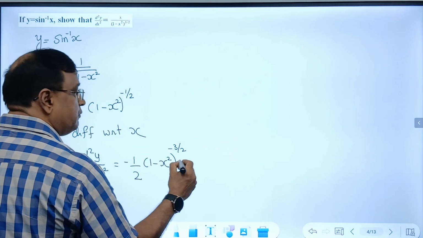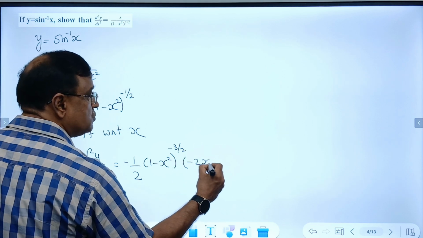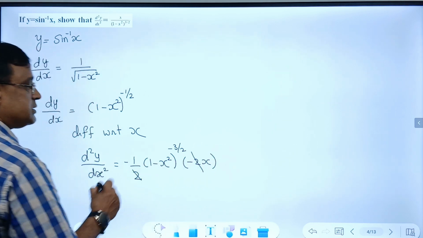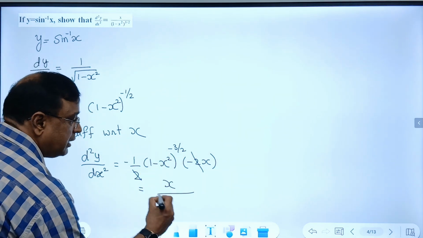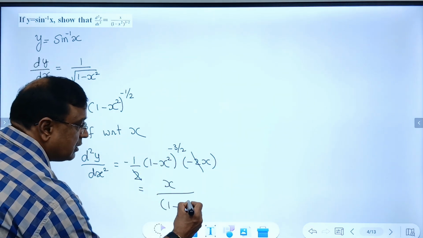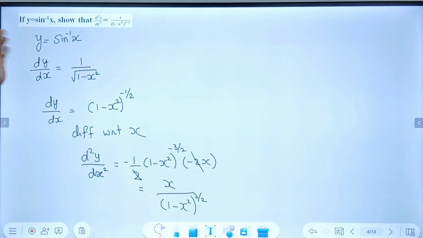Now the base: the differentiation of 1 is 0. Differentiation of minus x square is minus 2x. 2 gets cancelled, and minus of minus is plus. So I get x by (1 minus x square) the whole power 3 by 2. So very simple, straightforward question. It's not at all difficult. I hope this is clear.